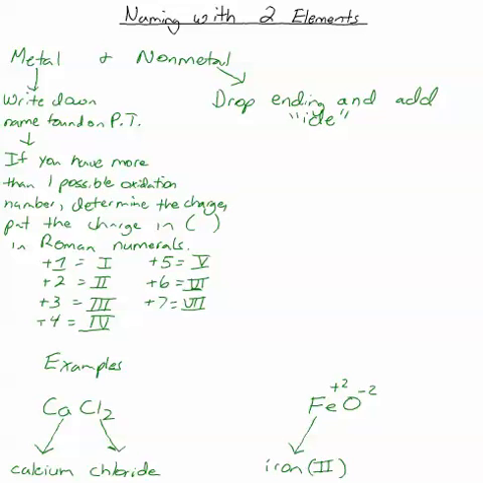Well, it looks like this. So we have now iron II, and then, do I write down oxygen? No. We changed the ending of our nonmetal to IDE. So it's not oxygen, it's now oxide. Alright, so that's how we name when we have two elements and we've got a metal and a nonmetal.